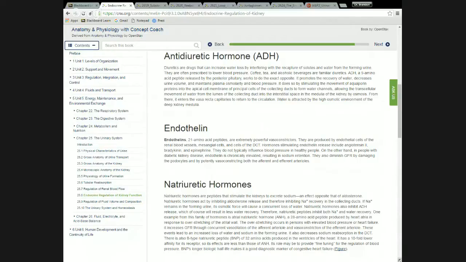Now, the problem I have with this paragraph is that they say natriuretic hormone. Now, technically that's not incorrect because these are hormones, but they're more appropriately referred to as natriuretic peptides. There are two of these signaling molecules. They mention one of them right here, atrial natriuretic hormone.